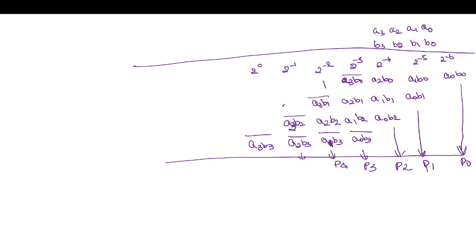This Braun multiplier is present in every ALU. Braun multiplier is an unsigned multiplier, and this Baugh-Wooley multiplier is for signed number multiplication.